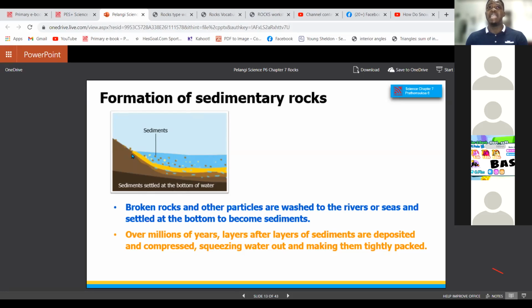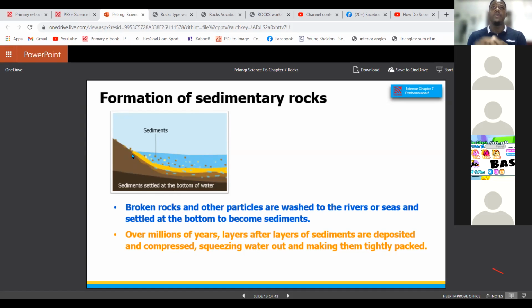When the sun hits the rock, it expands, it goes big, and then when rain falls, it cools down, it goes smaller. So imagine when a rock goes big and small, big and small, big and small, it is going to break one of these days.